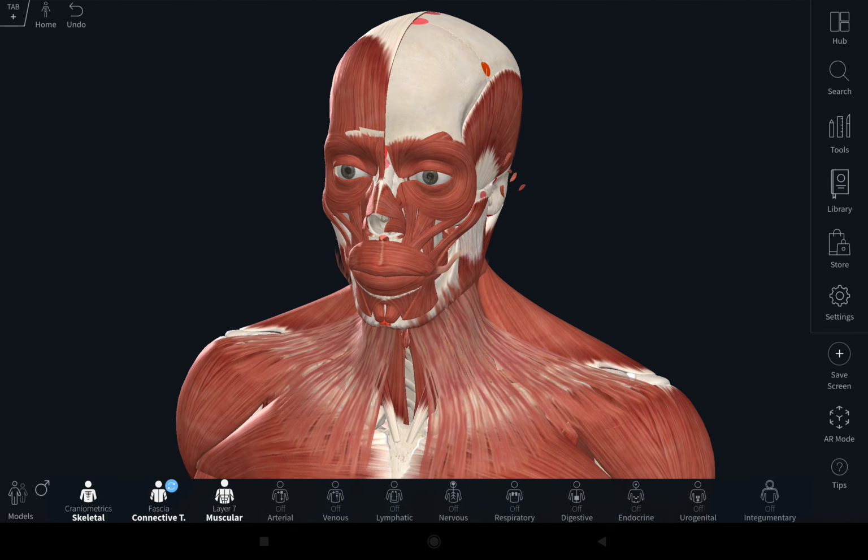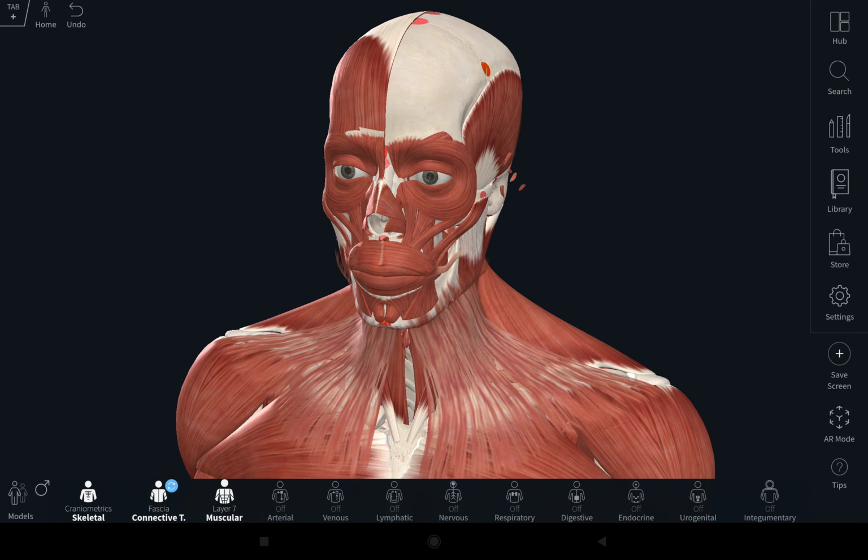Now another muscle around your mouth is the marginal part of orbicularis oris muscle. Remember, the previous one was orbicularis oculi, and this muscle is the orbicularis oris muscle, and this is the marginal part.